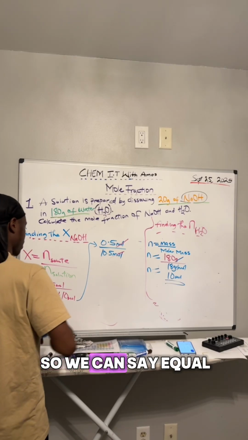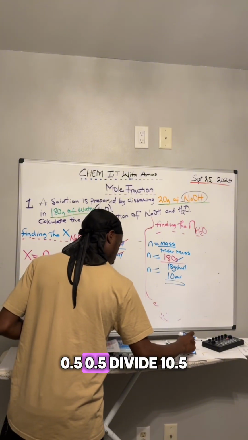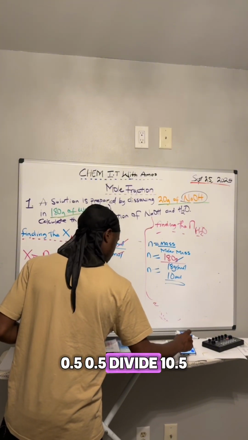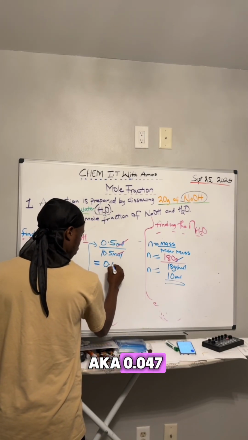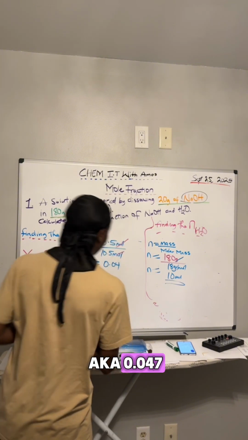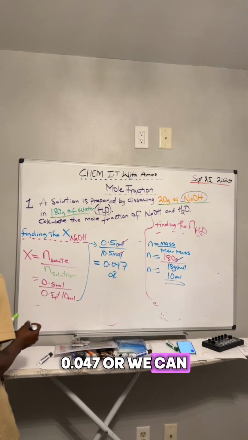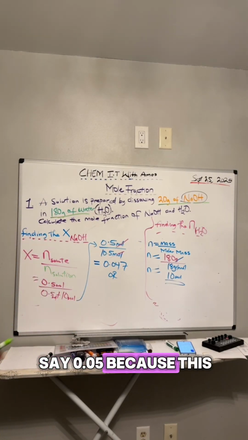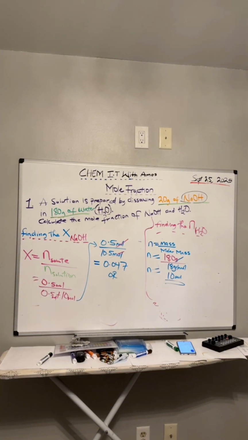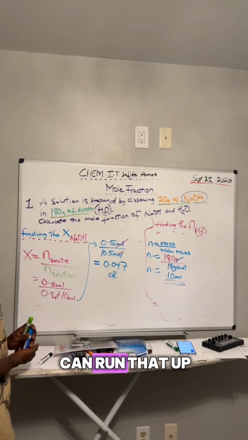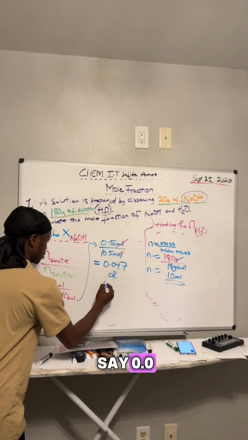So we have 0.5 divided by 10.5, which is 0.047, or we can say 0.05, because the number after 4 is greater than 4, so we can round that up.